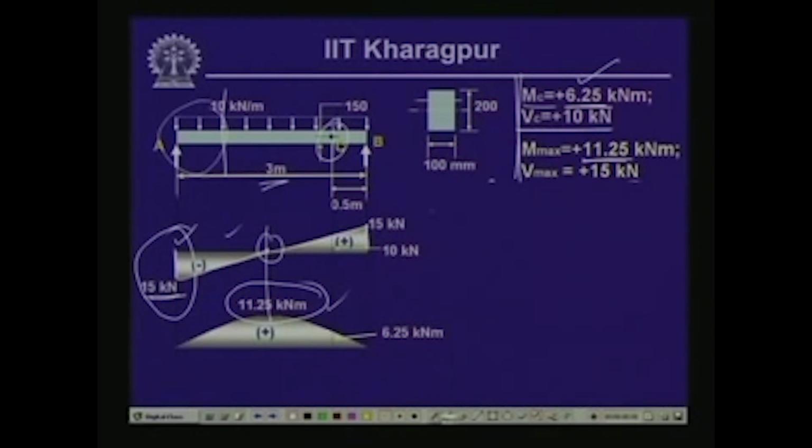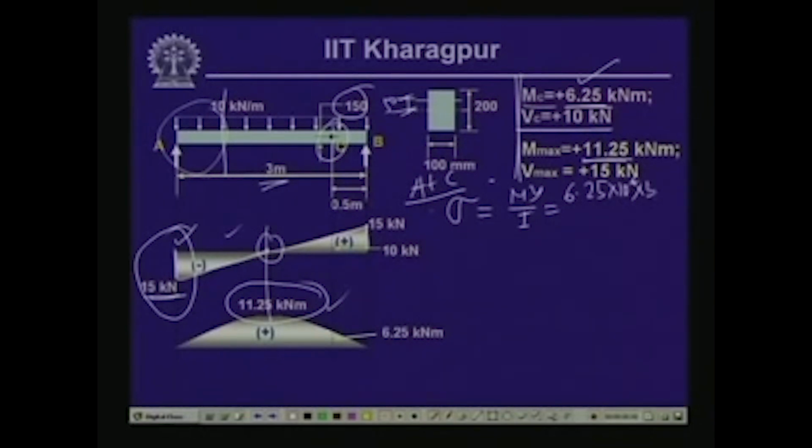Now, the value of the bending stress, the normal stress, say at C, first let us calculate at C. At C, the bending stress is equal to My by I, and at C the moment is 6.25 kilonewton meter. So, this is 6.25 into 10 to the power 6 into y, which is at a distance of 50 from the neutral axis, because this is 150 from the bottom.